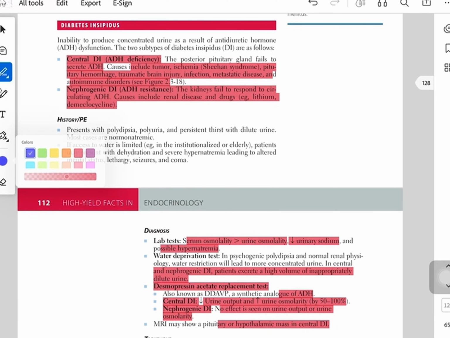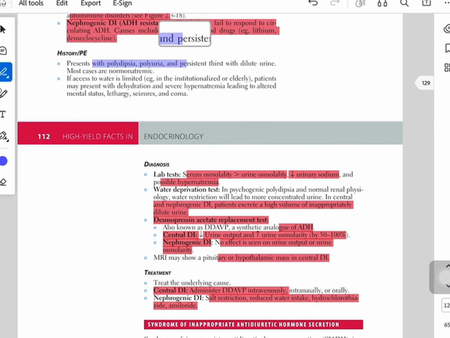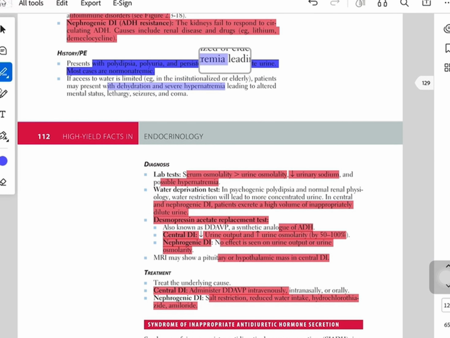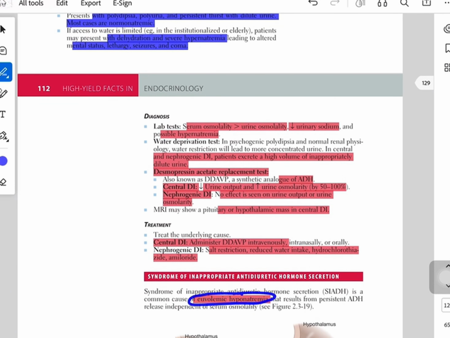Patients present with polydipsia, polyuria, persistent thirst, diluted urine, and normonatremia in most cases, in some cases hypernatremia. If access to water is limited, patients may present with dehydration, severe hypernatremia leading to altered mental state, lethargy, seizure, and coma. Hypernatremia and hyponatremia patients have the same symptoms.